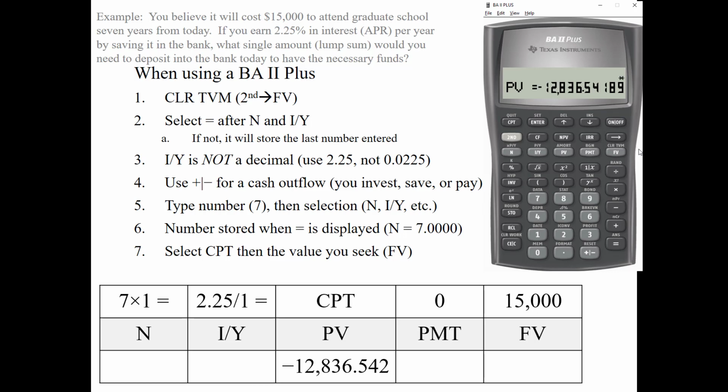The $15,000 was a positive value because it's money that would be added back to our wallet. And so for this case, if we needed to save a single amount today and we were able to earn 2.25% interest for 7 years, if we needed $15,000, we would have to save $12,836 and about 54 cents.